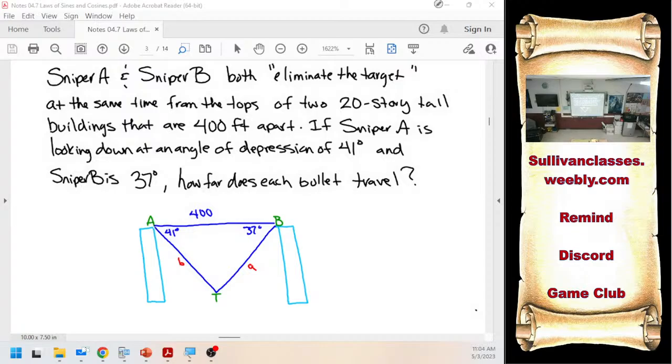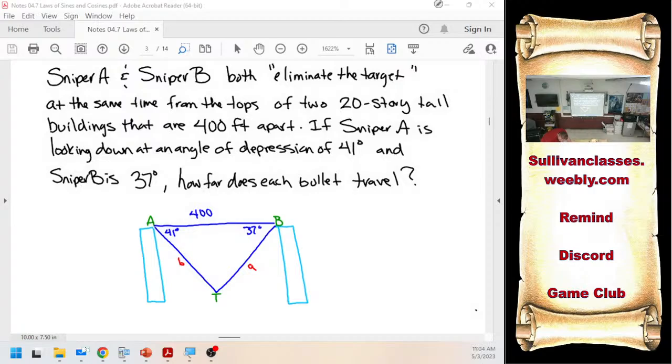Or 250 and 300? Is this 268 something? And 246? 240? How did you set it up? I don't know how to set it up.